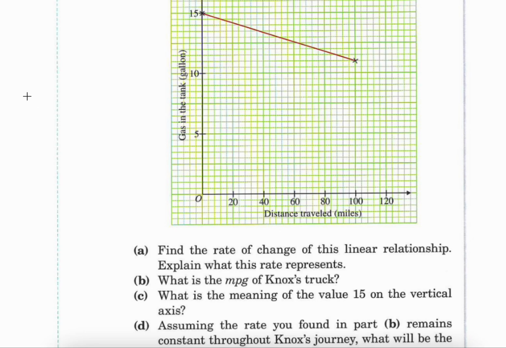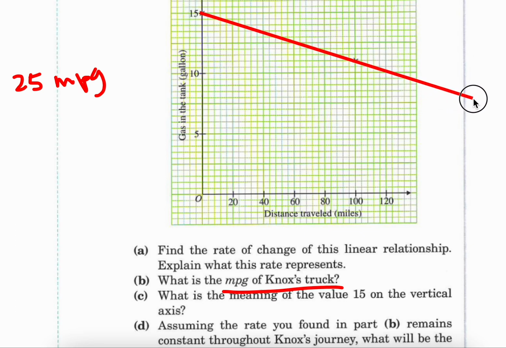Okay, so 25, my bad, 25 miles per gallon was Knox's truck's capacity, okay? And they want to know basically how far can Knox go with 15 gallons of gas before he runs out. Well, what we could do is extend this graph, but that would go beyond the paper, right?